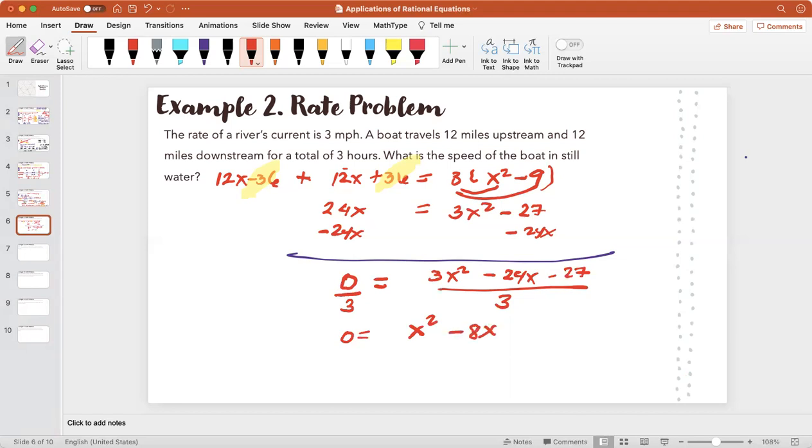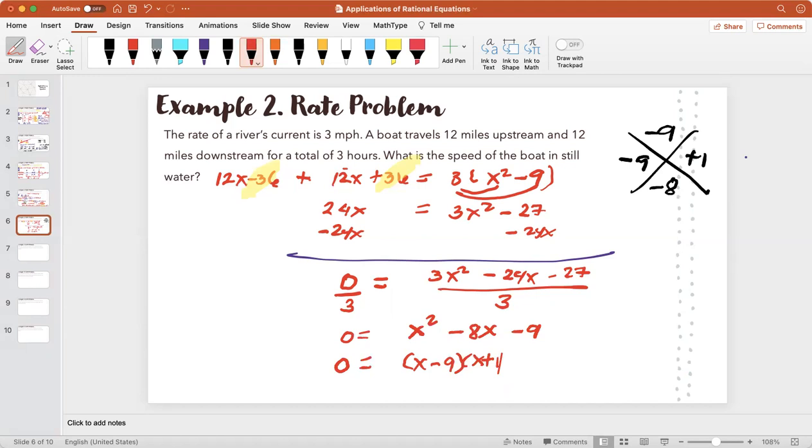And negative 27 divided by 3 is negative 9. Well, we'll see if we can factor negative 9, whose sum is negative 8. Do we have factors? 9, 1, negative 9, positive 1. All right, so we have x minus 9, x plus 1.